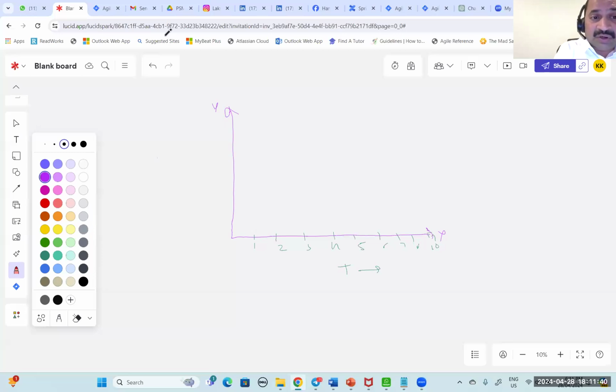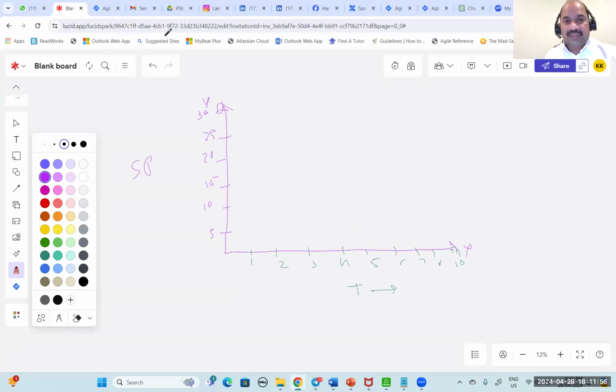Let us consider story points, which are widely used in agile organizations: 5, 10, 15, 20, 25, 30. Now let us see an interesting real-time scenario.